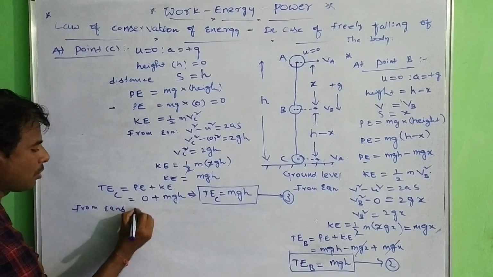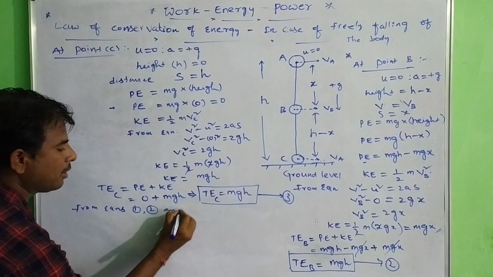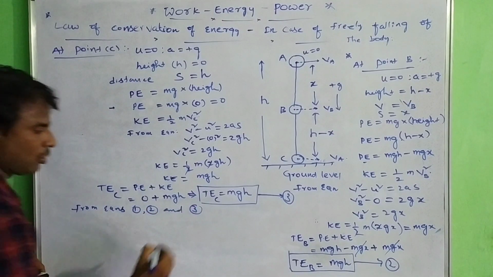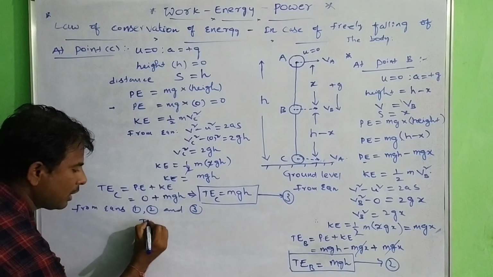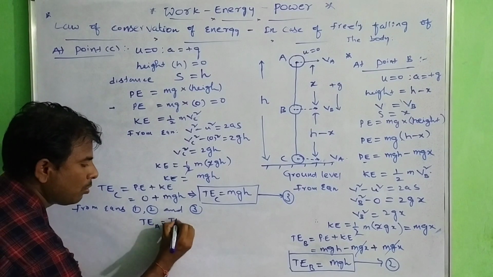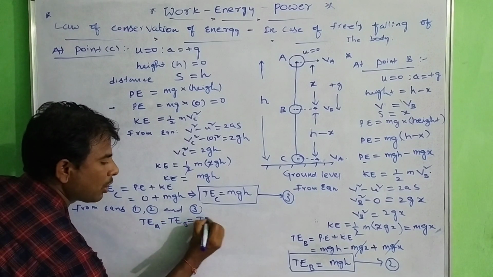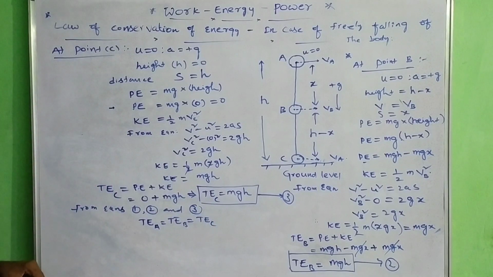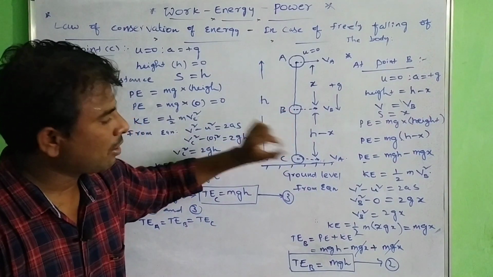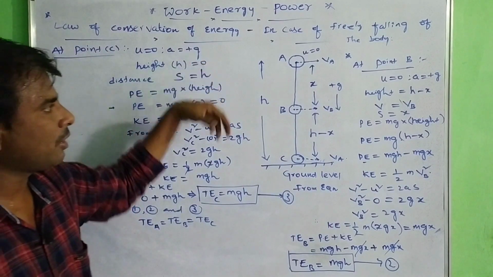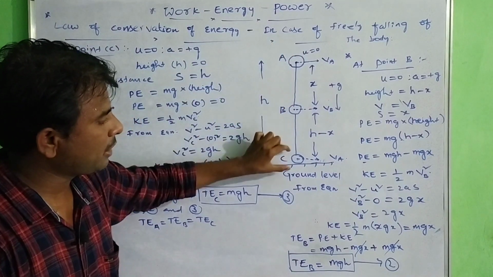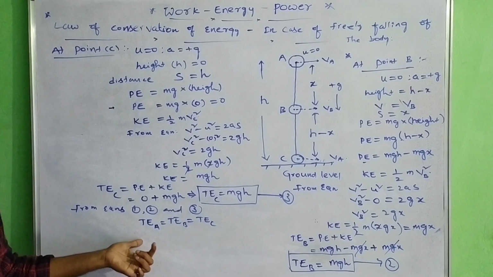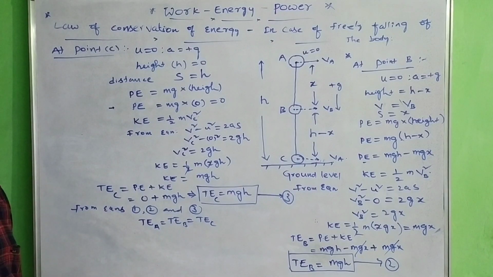From equations 1, 2 and 3, the total energy at point A equals the total energy at point B equals the total energy at point C. So the total energy remains constant. Hence the law of conservation of energy is proved. The energy at every state of the system is equal.